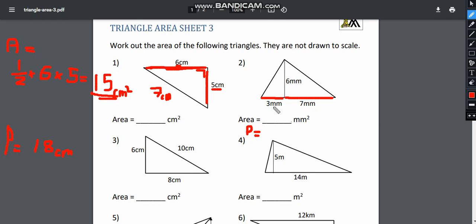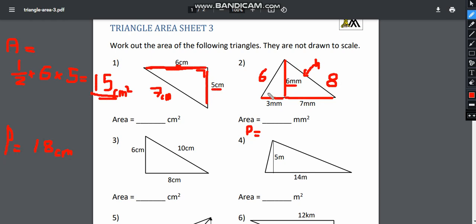I know the formula is half the base times the perpendicular height, so I think this 6 here should definitely be the height. And then what's the base? Well, it would end up being 3 plus 7. And sorry, for the perimeter you're not given enough information, so we'll call that 6 and we'll call that 8.